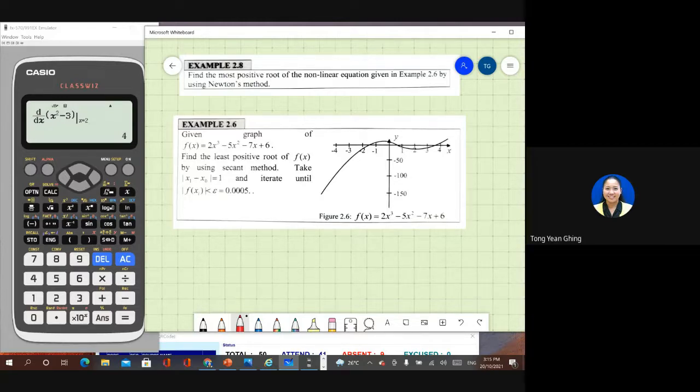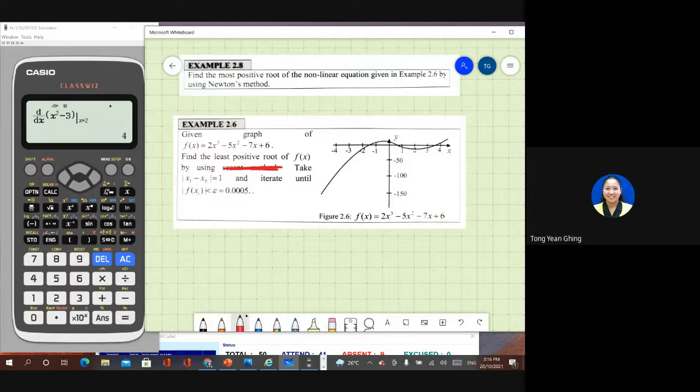Find the least positive root of fx by using, okay, this one cannot, the second method, which is not covered in your syllabus. So you don't need to learn that one. If you want to learn, you can look at your book for extra knowledge. Take x1 minus x0 equal to 1 and iterate until fx is less than epsilon 0.0005.